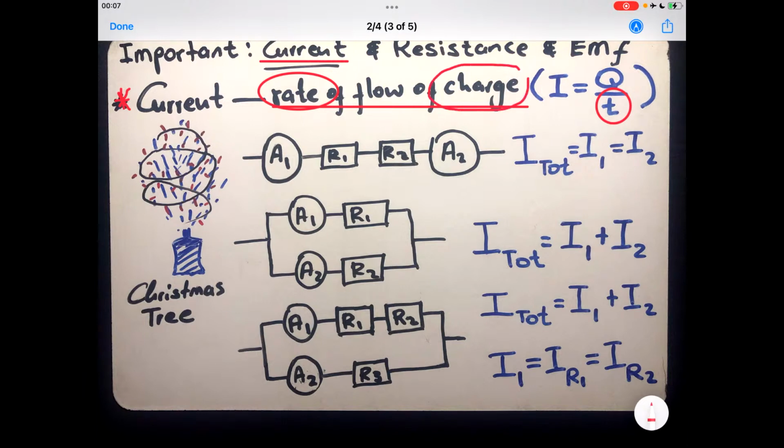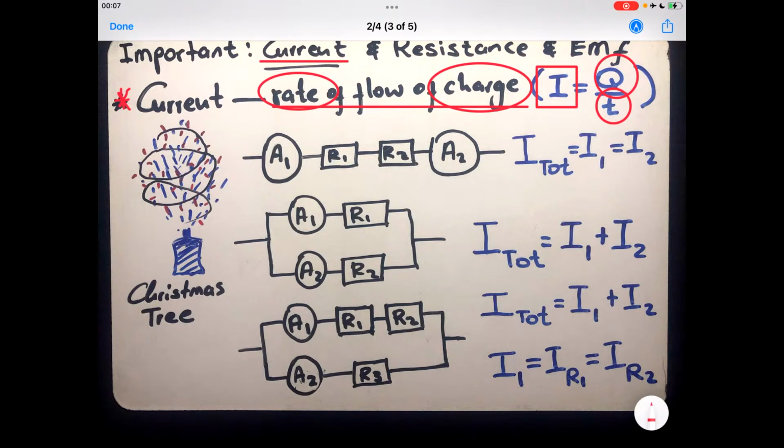So when we say the rate of flow of charge, we are saying charge over time. That is the current. So the formula for calculating the current is charge over time. Simple as that. Let's not complicate it.